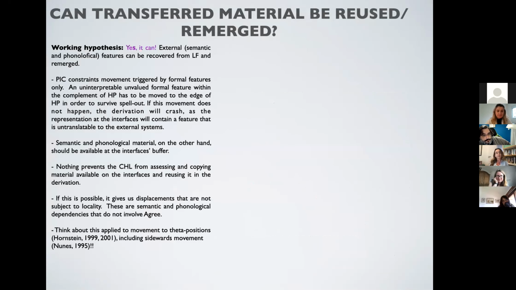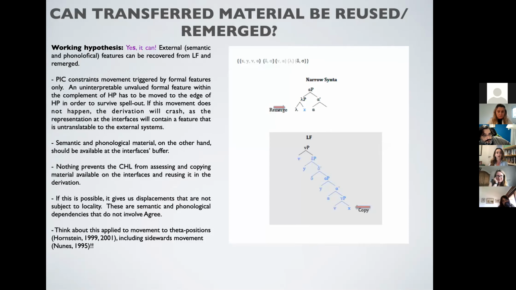The Phase Interpretability Condition constrains movement triggered by formal features only. An uninterpretable formal feature within the complement of a phase head, for example, as we see here, has to be moved to the edge of that phase in order to survive spell-out. If this movement does not happen, the derivation will crash, as the representation that reaches the interface will contain a feature that is offensive, that is untranslatable to the external systems.